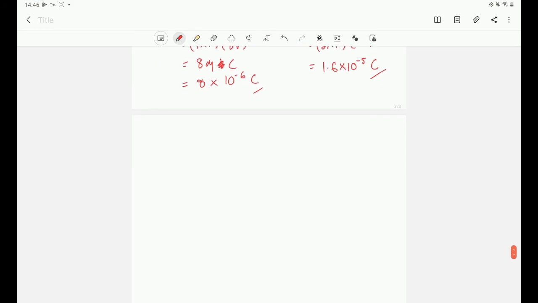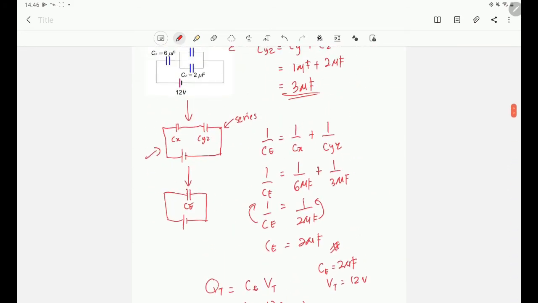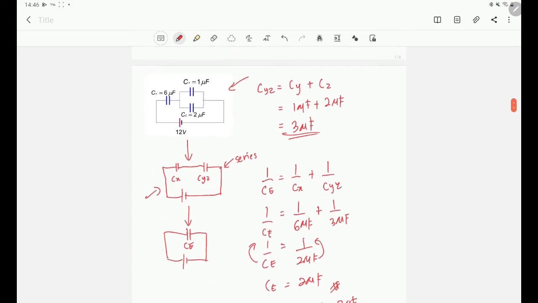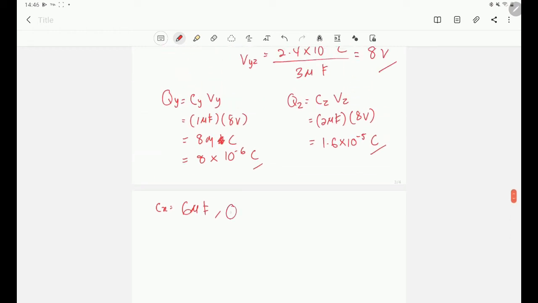What we need to do is declare everything that we have found. So Cx is equal to 6 microfarad, and Qx is equal to 2.4 times 10 to the power negative 5 coulomb, and Vx is equal to 4 volt.